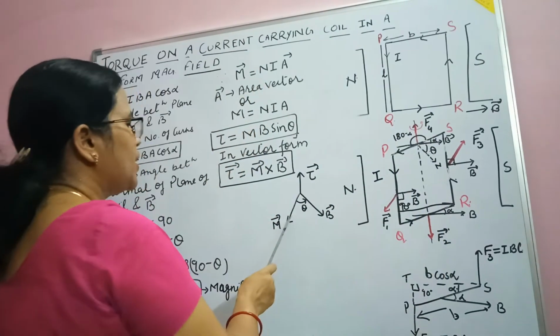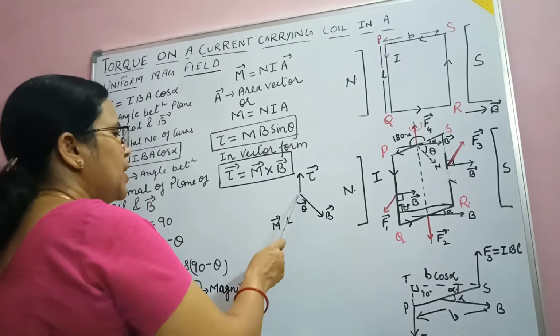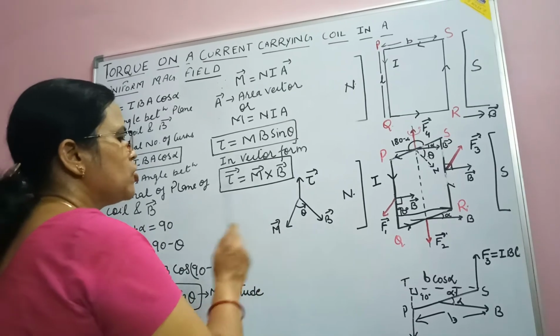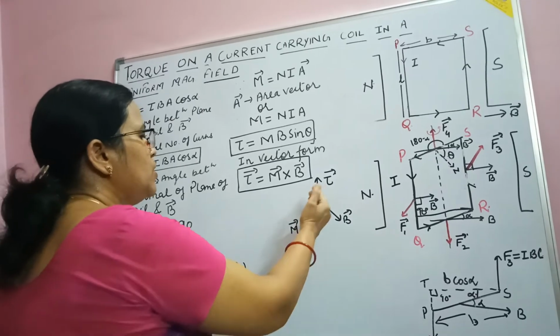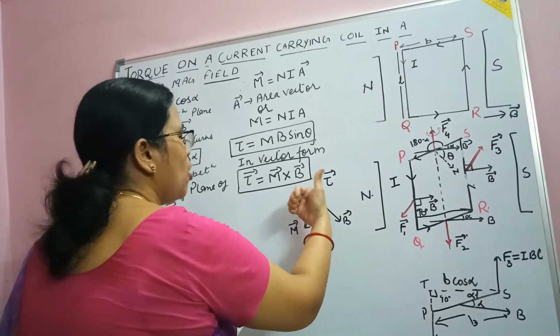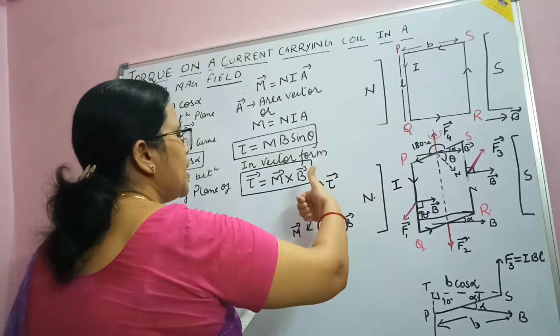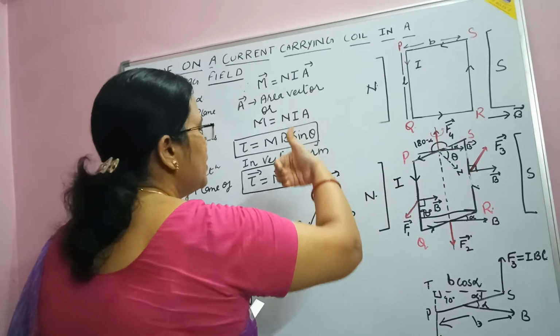Suppose this is the normal, the area vector, whose direction is the same as the direction of the magnetic dipole moment, and this is the direction of the magnetic field. This is the angle theta. When you rotate your finger from M to B, you get the positive direction of the torque, so the torque will act in the upward direction.